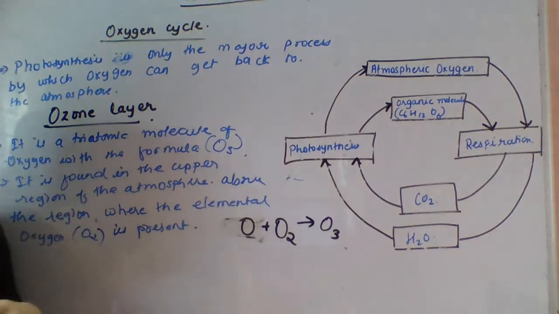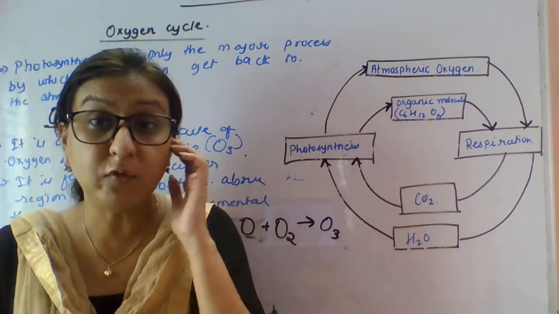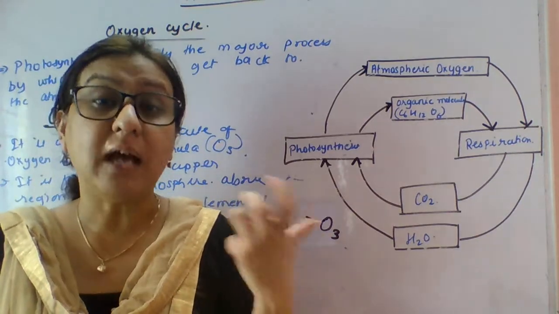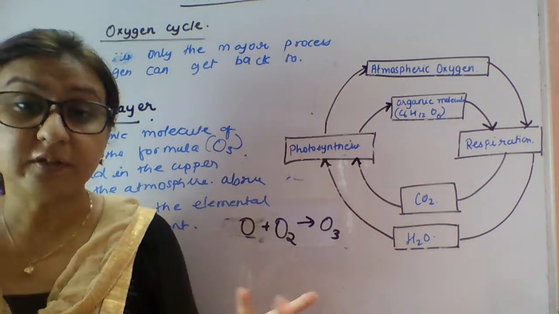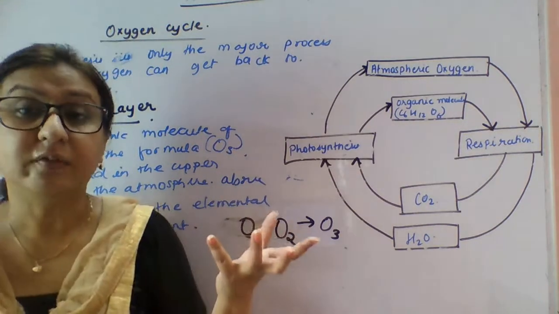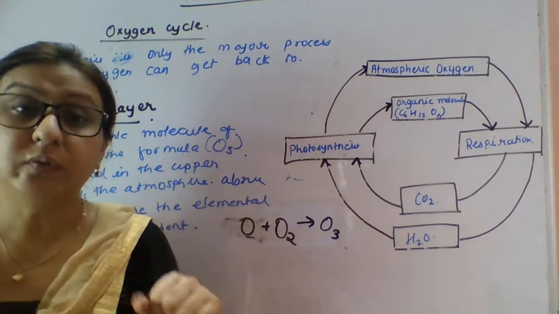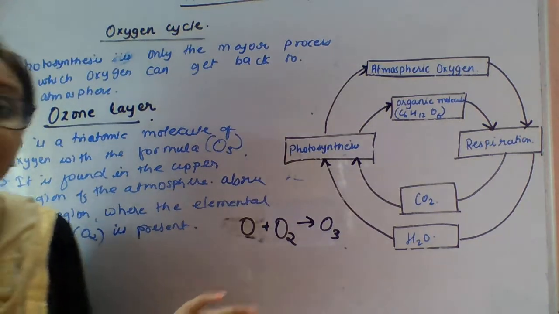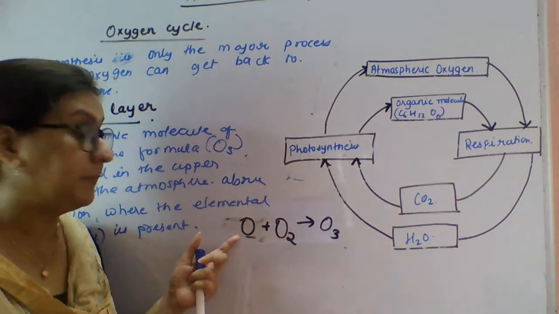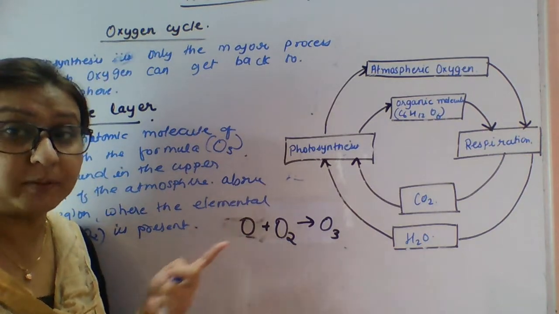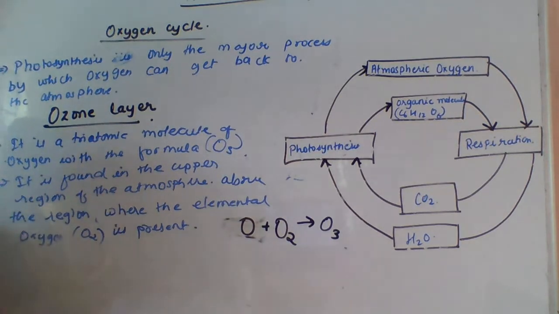It is very helpful in preventing harmful UV radiation. It absorbs the harmful UV radiation and stops it from reaching the earth's surface. The UV radiation is very harmful, so ozone filters it. So its presence is very important. The formation of ozone takes place when elemental oxygen combines with diatomic molecules of oxygen and forms O3.